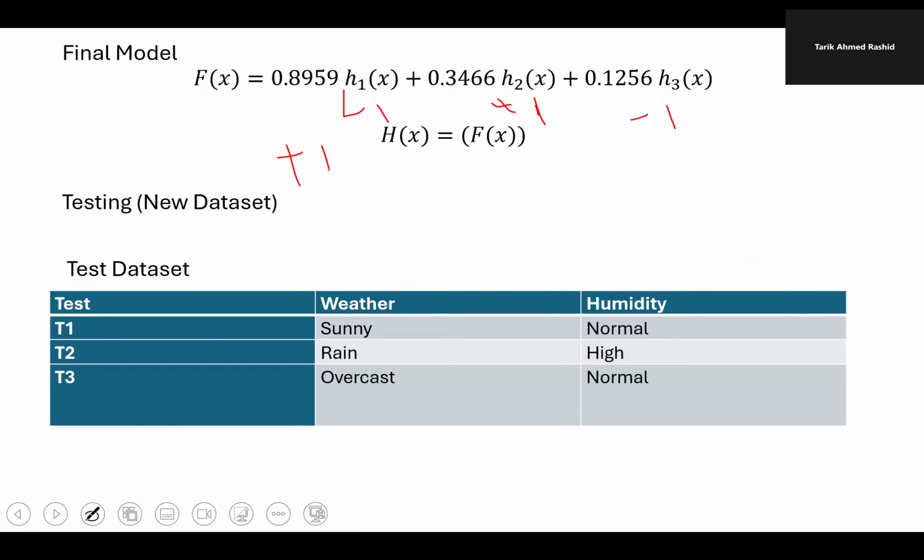And here is humidity high. That's again +1. Now, for the last one, overcast should be +1 because H1 is about sunny, and H2 should be +1. It was about rain, and normal, that's -1 for H3.